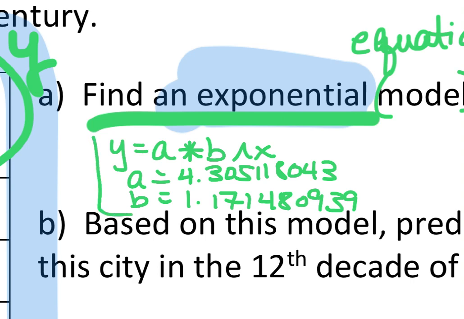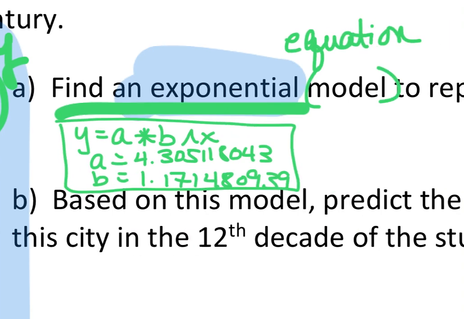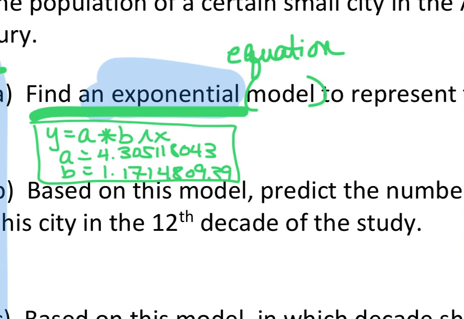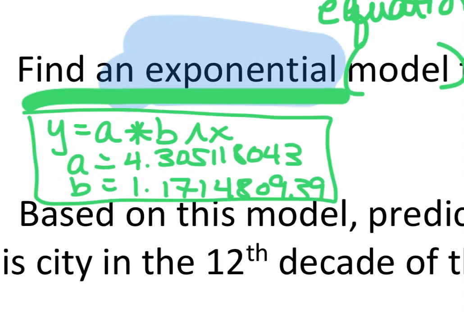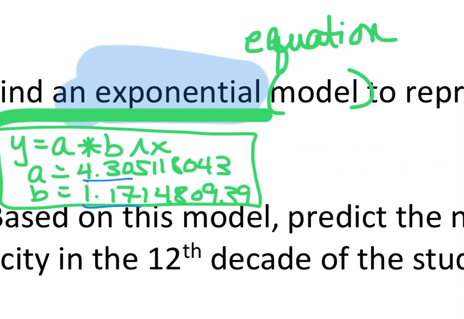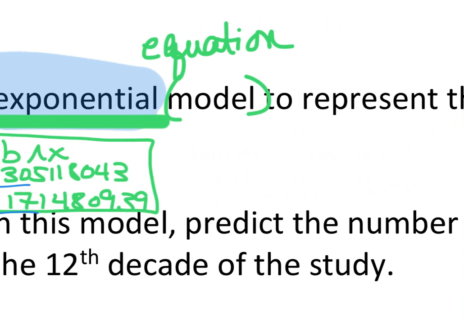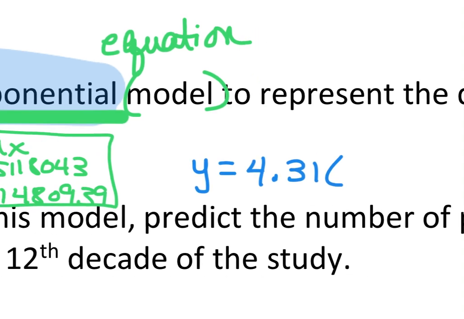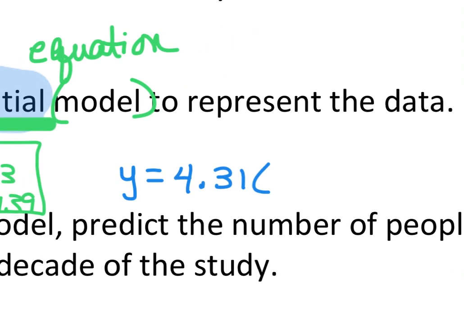Okay, that's what your screen should say. And then what you want to do is round each of these to 2 decimal places. So you want the 4.30, but that's going to be a 1, so 4.31, and 1.17, and write those as an equation. So you're going to have y equals 4.31, put parentheses or a times sign, and then 1.17, that's your a and b, and then the 1.17 is to the x power.